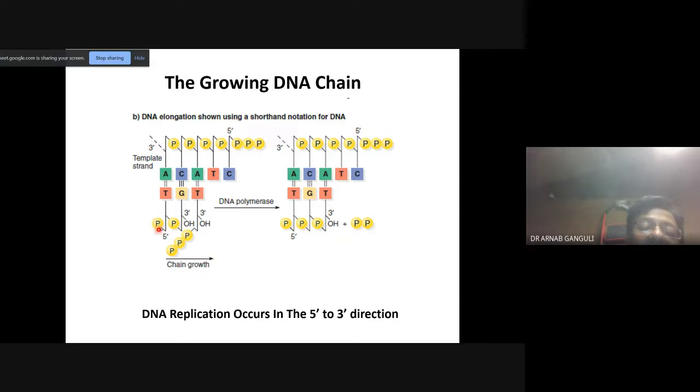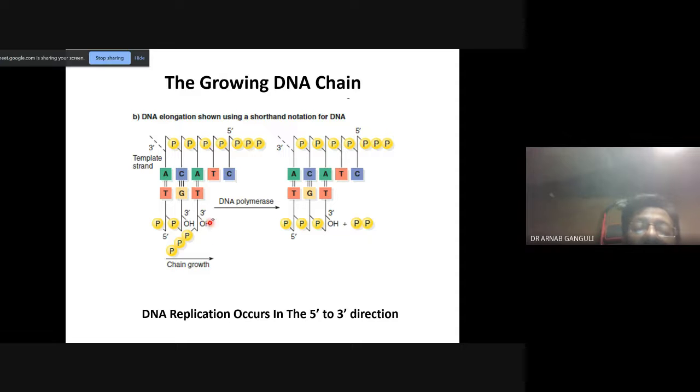Like I said, the sugar is drawn as a straight line. This strand is the template strand, A C A T C, so the complementary is T G T.